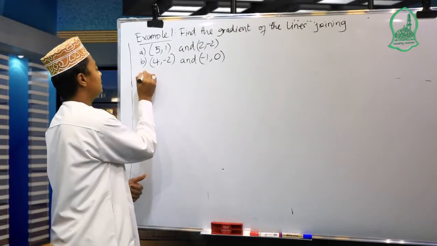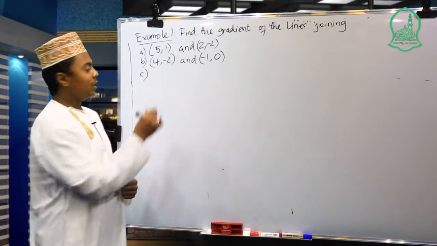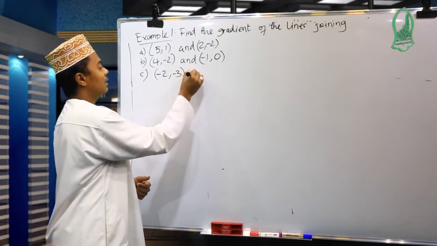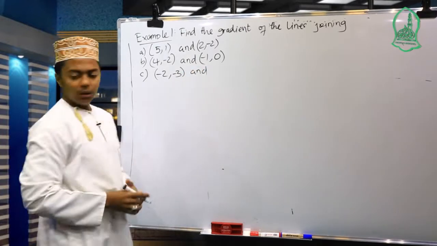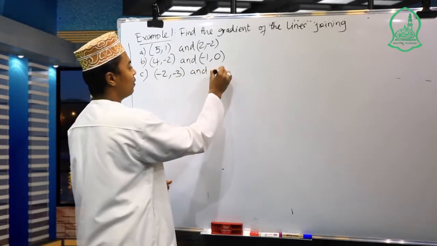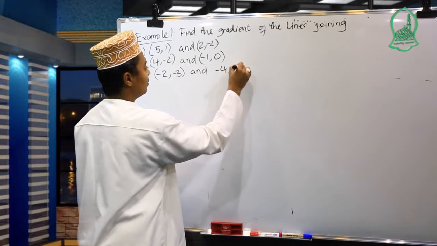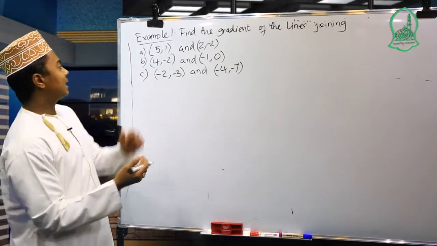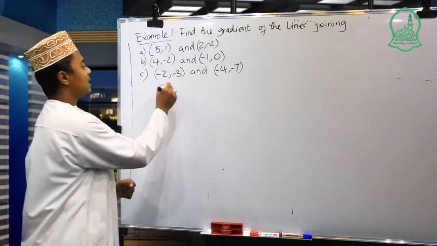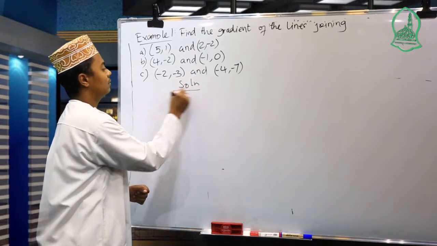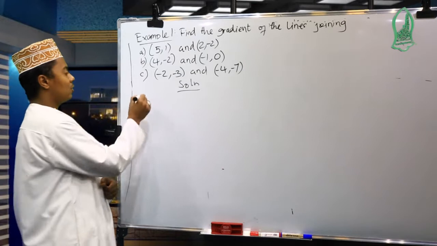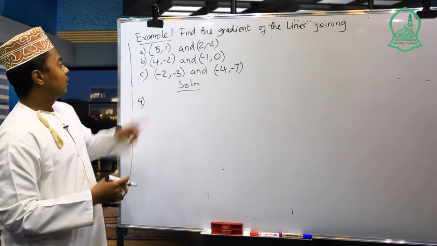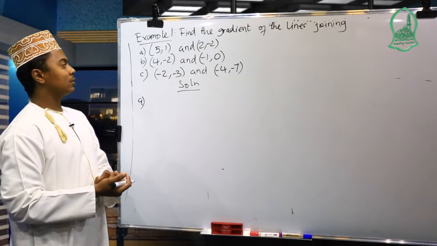Another, C, we have negative 2, negative 3, and another point which is negative 4, negative 7. So let us start with the first one, question number A. We have 5, 1 and 2, negative 2.